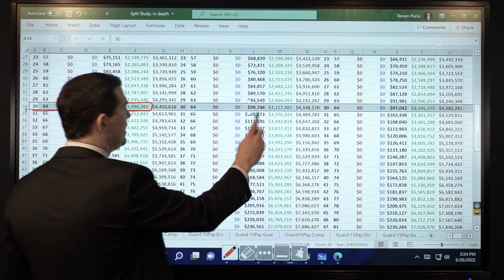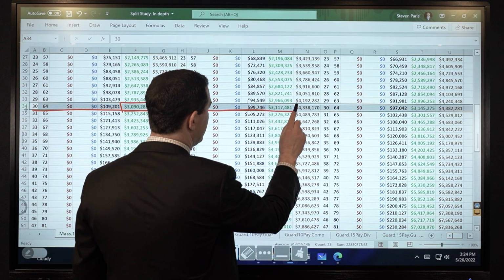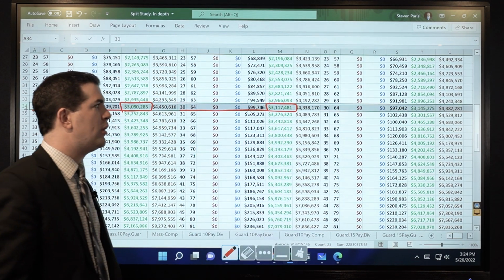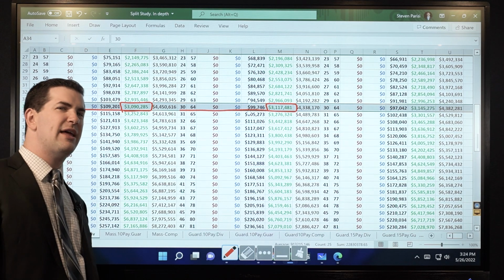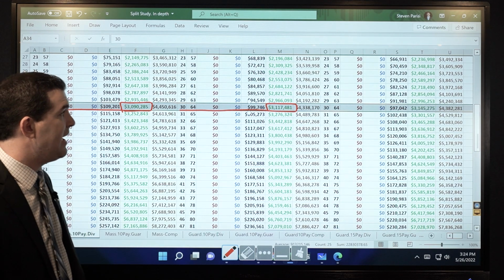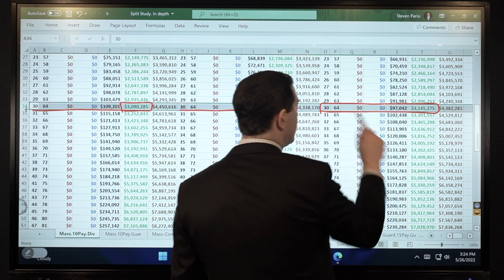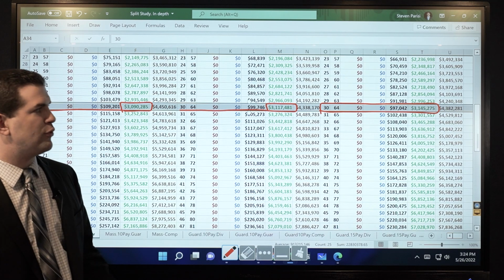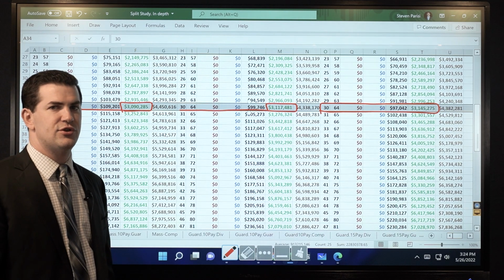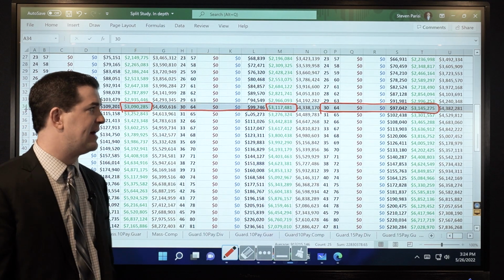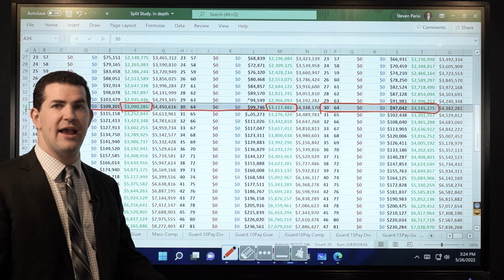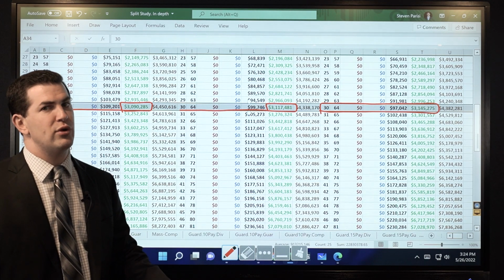The 50-50 split. Ooh, these are getting real close. $3,112,000. There's about a $30,000 difference between those two. And then the 1090, $3,145,000. So for the first 30 years, I've still got significantly more money in cash value with that low premium policy.